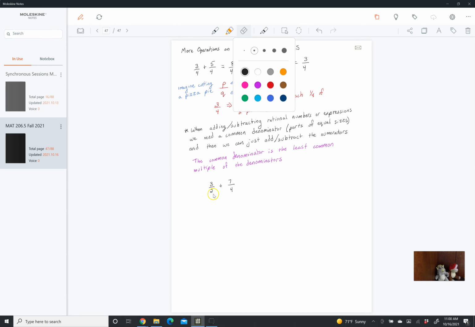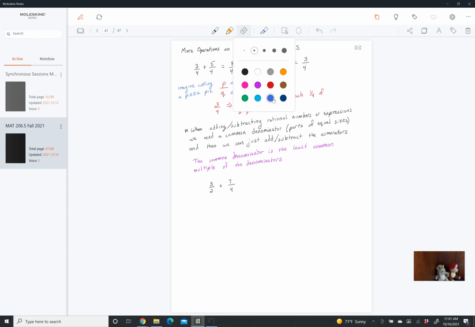We're taking these slices that are half the size of a pizza pie, and we're making them the same size as these, which are only a quarter of the size of a pizza pie. The way to do that is by using multiples, okay? So 4 is already a multiple of 2. How do we get to 4? Well, 2 times 2 is 4, okay? So what does that mean?